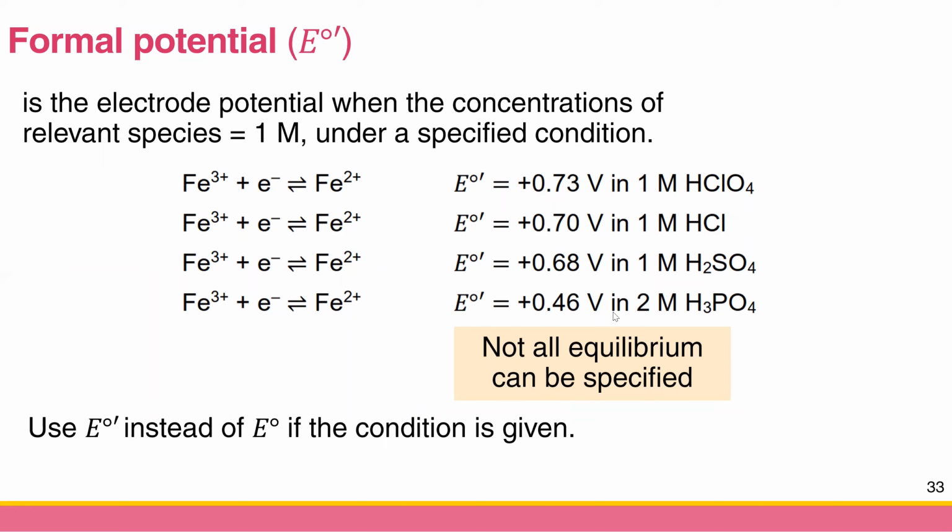And in phosphoric, it's going to be 0.46 because iron can react with phosphate ion, for example. The standard electrode potential table will give you this as well. And if the condition is specified, then you can just use a formal potential instead of the standard electrode potential to get more accurate information.